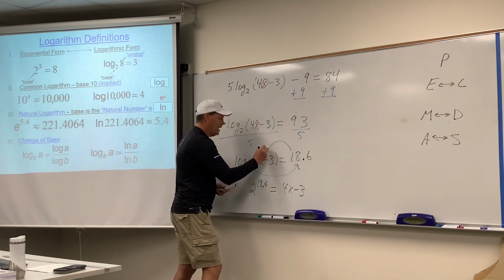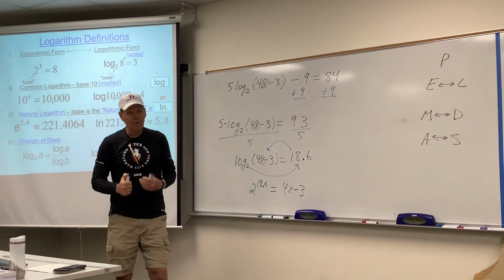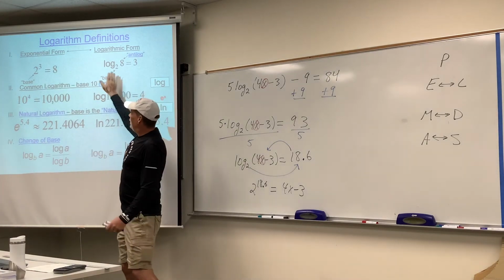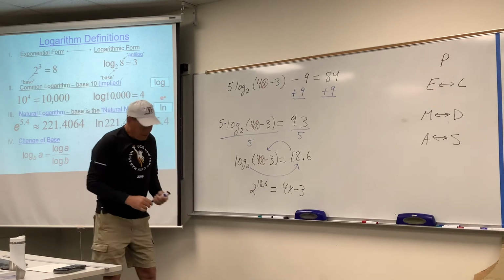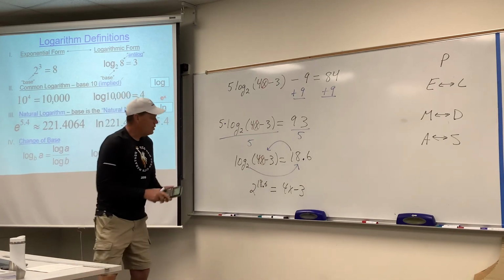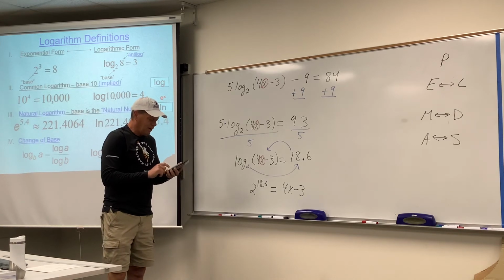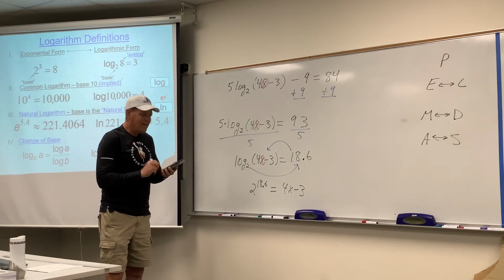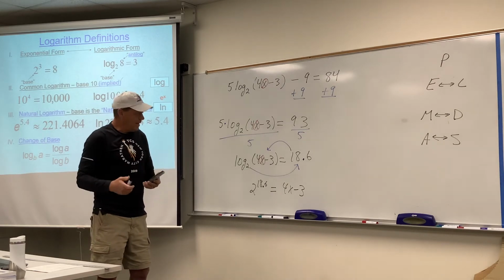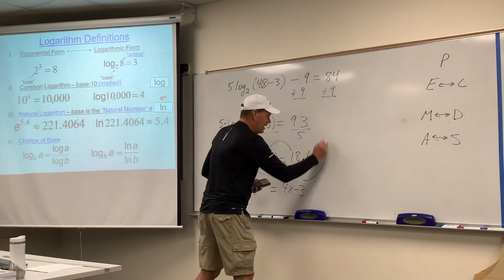Recall the logarithm dance that we practiced. Go back and review examples 1 and 2, where we went back and forth between exponential and logarithmic. So at this point, we can now put 2 to the 18.6 power in a calculator. 2 raised to the power of 18.6. We've talked about how to do that in previous days.